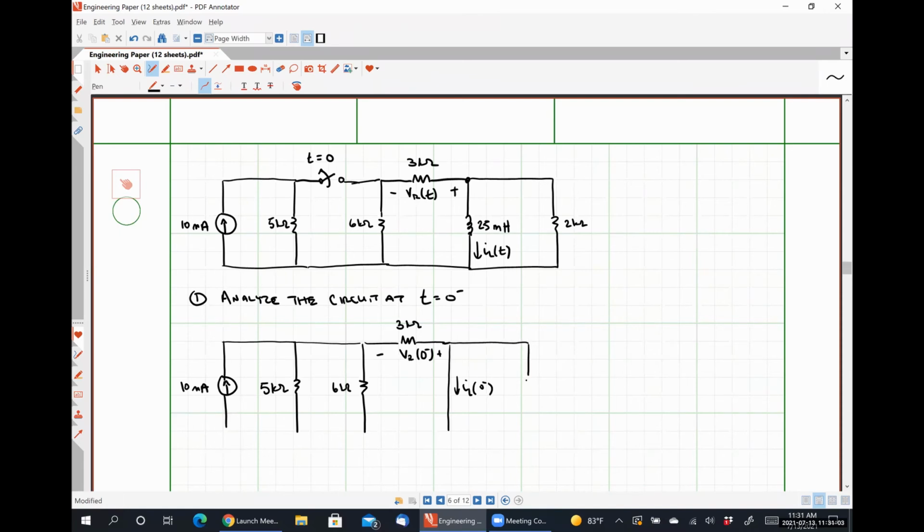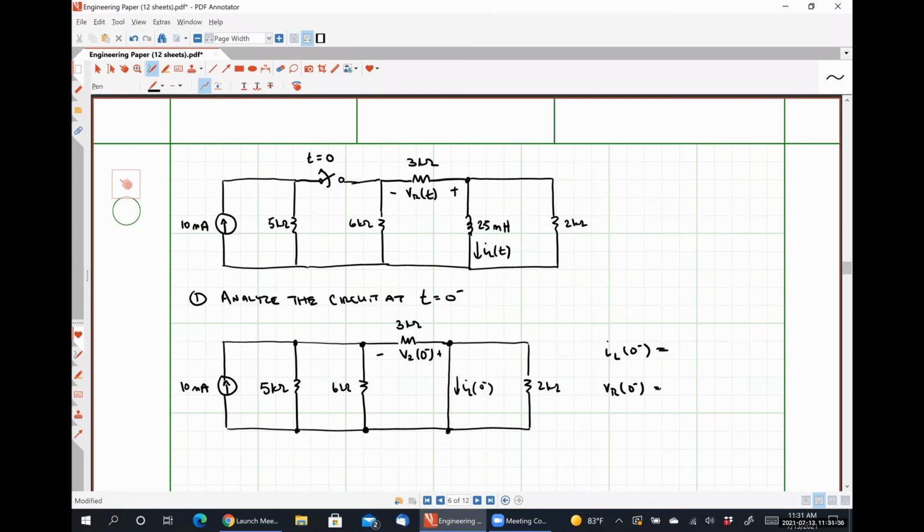And then out here, we have our 2 kilo ohm resistor. So we need to figure out what IL at 0 minus is and what VR at 0 minus is.